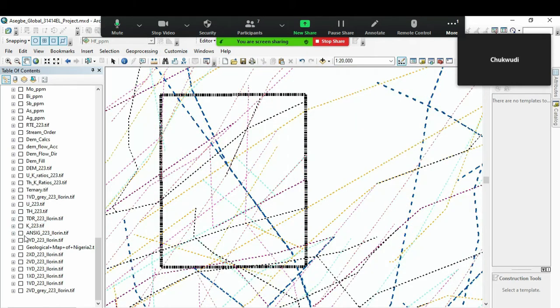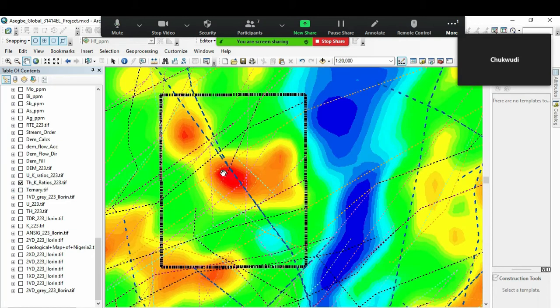Then let's see potassium. You see, we have potassium and thorium ratios here. You can see there are elevated values here. Now, if you look at this, there is an elevated value of thorium, potassium here.